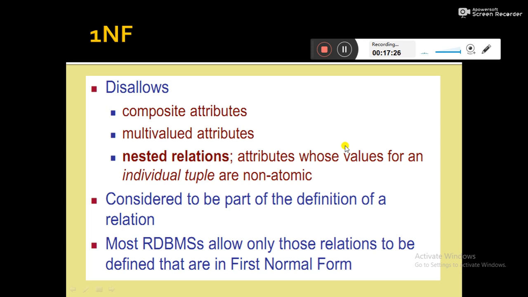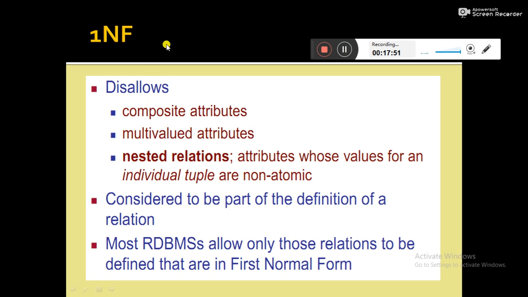Means with the help of functional dependencies, we can simplify the complex relationship. The objective of normalization is to reduce the data redundancy in a relation, and the second objective of normalization is to reduce the insertion, deletion and updation anomalies present in a database.